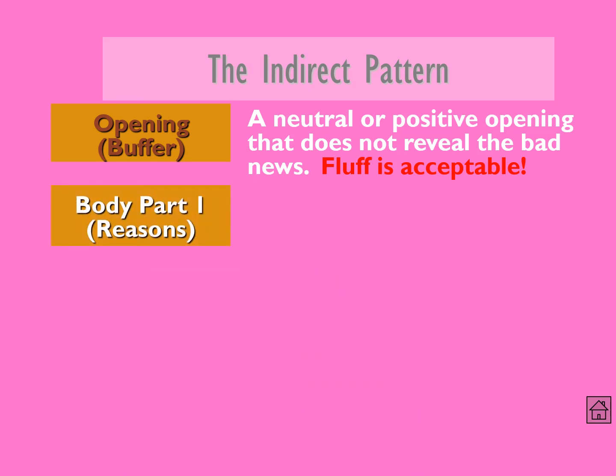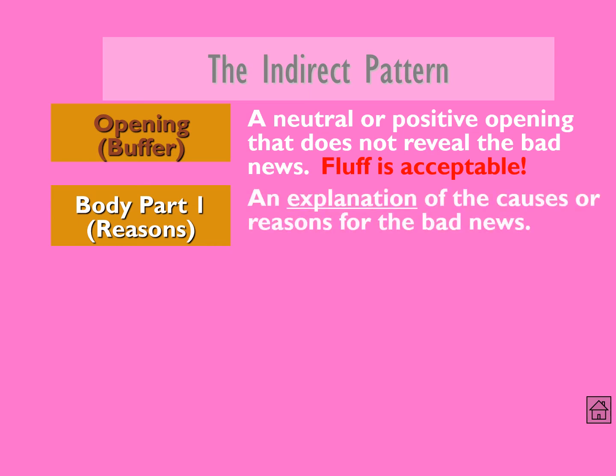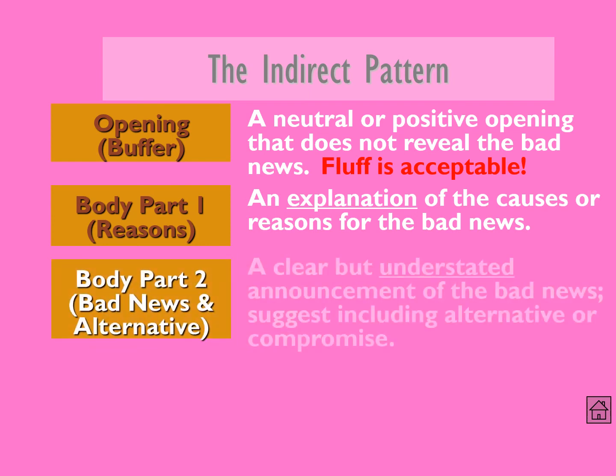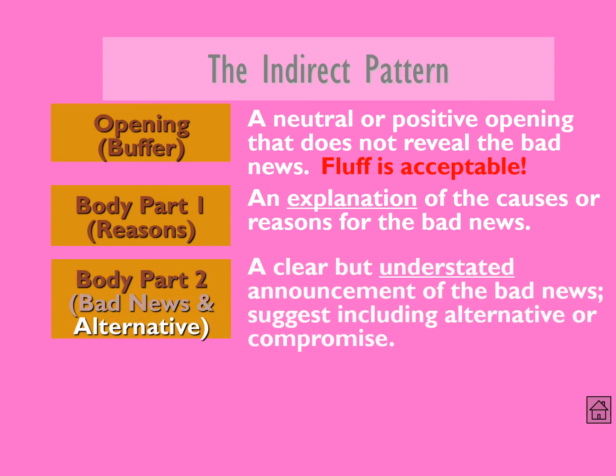Next, the body is going to really have two parts. The first part is the reason for the bad news, an explanation of the causes or the reasons for the bad news without mentioning the bad news. Again, we will talk about this further. The second body part is the bad news and alternatives.